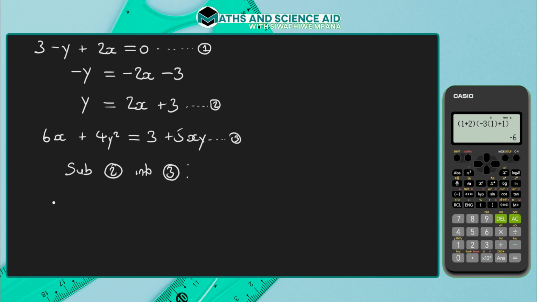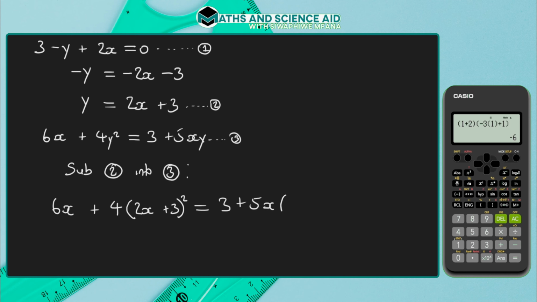Therefore, we are going to have 6x plus 4y squared. But in place of y, we substitute the expression given by equation number 2. So y is equal to 2x plus 3. And we square that, equal to 3 plus 5x.